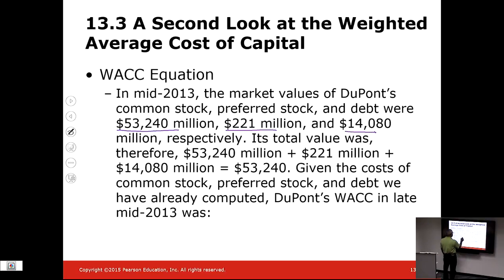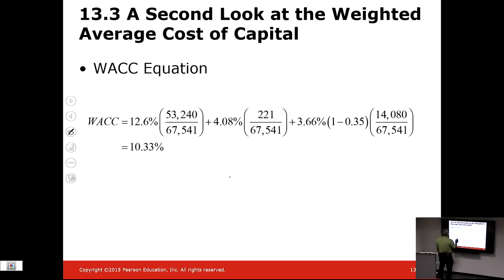Its total value is then the addition of these. This is the total value of the firm. Given the costs of common stock, preferred stock, and debt, as we have already computed, what is the weighted average cost of capital for DuPont?